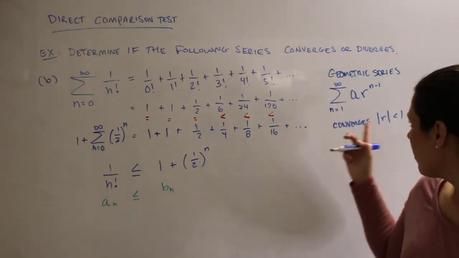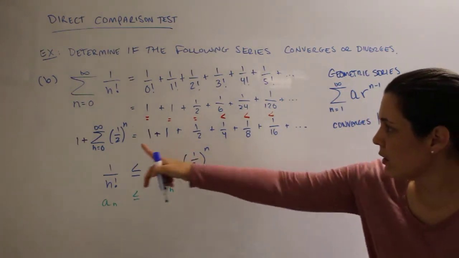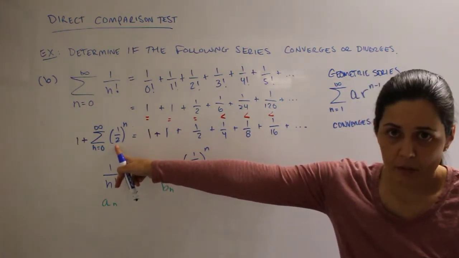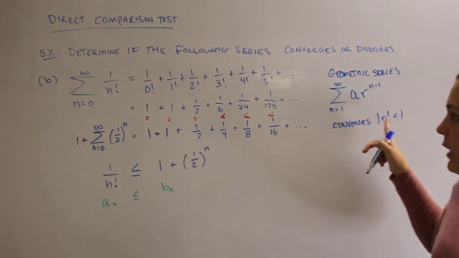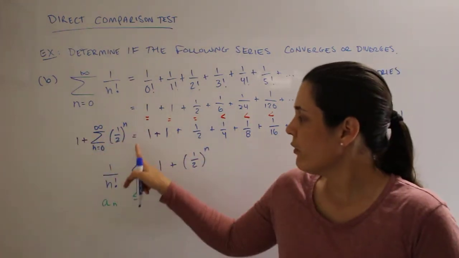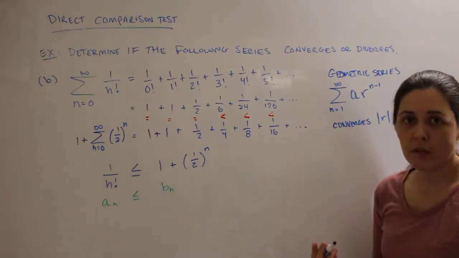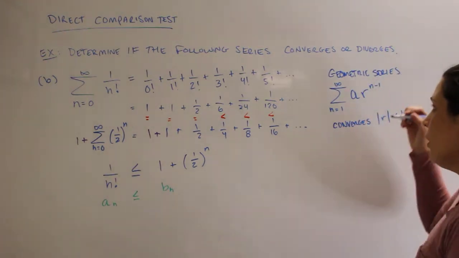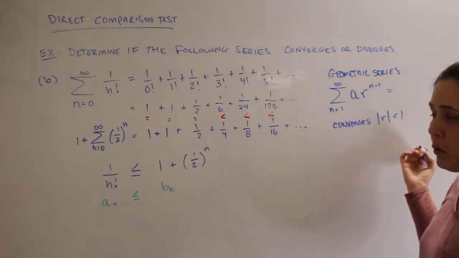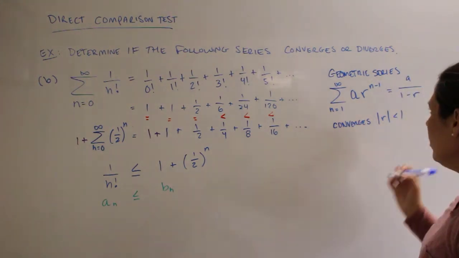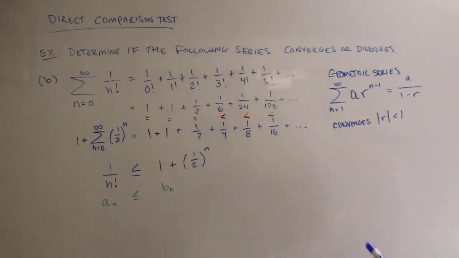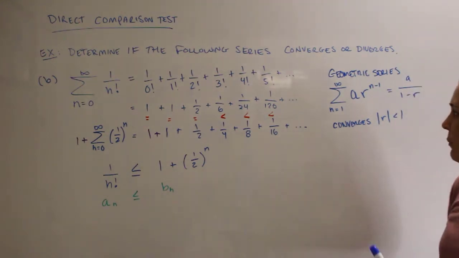Okay, look at what we have. Our r value for this series is 1/2. Well, 1/2 is less than 1, so we know that this series converges. And just a quick reminder, we actually know what this converges to. It converges to a over 1 minus r. We went over that in another section.